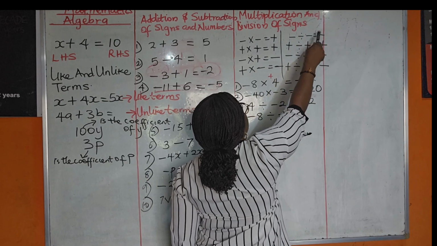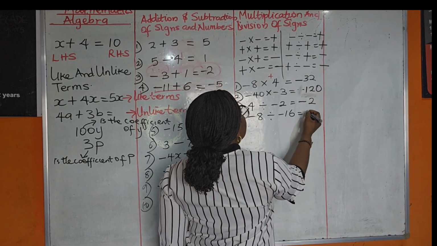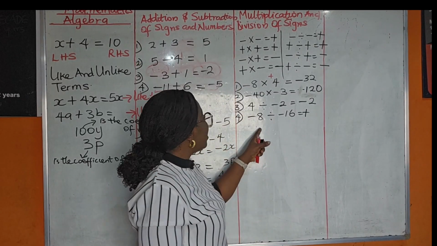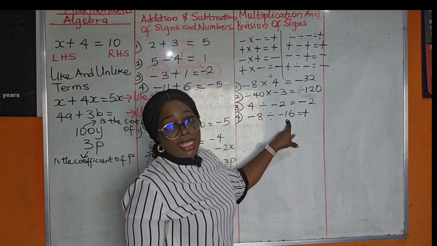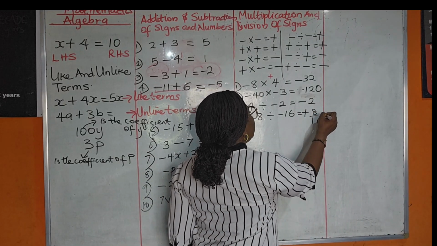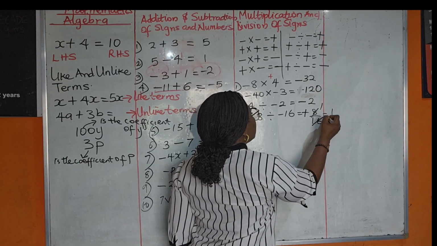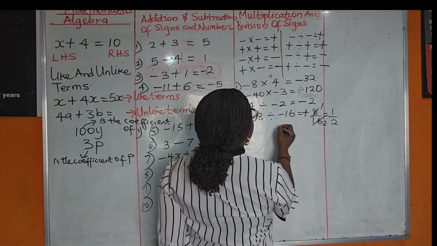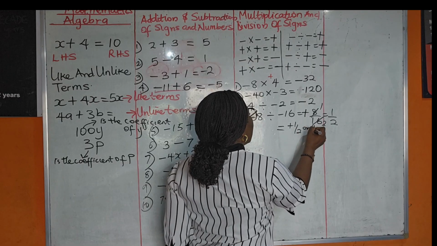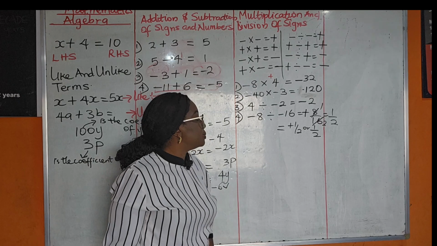Minus divided by minus is plus, which is the same thing with the multiplication. So our answer is going to be a positive answer. Then we go straight to the numbers. 8 divided by 16, which is 1 over 2. 8 goes here 1, 8 goes here 2. So we're having 1 over 2. And our final answer will be what? Plus 1 over 2 or half. Simply put it as half. And that's your answer.